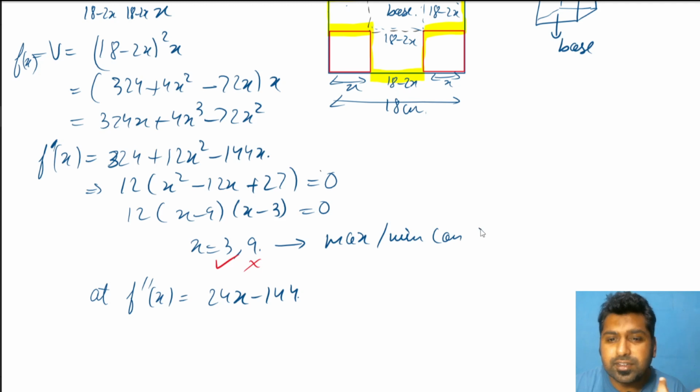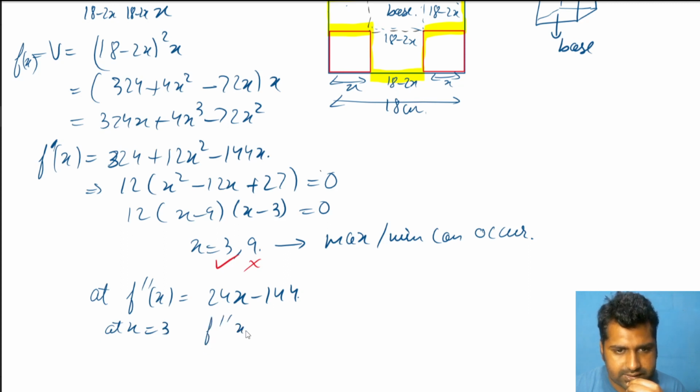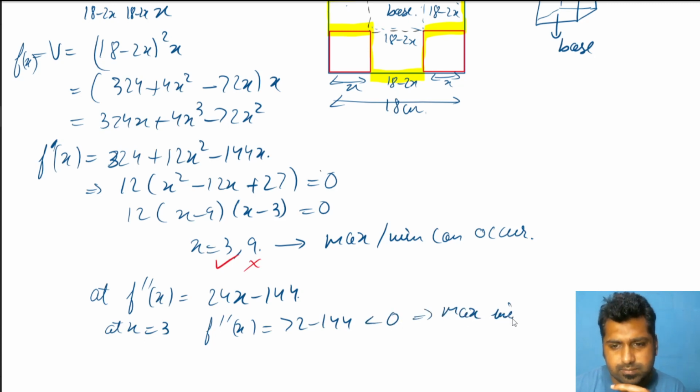So I think 9 is a condition for minima, that's why it is coming 0. If we are doing just mathematics, we don't know at which value which will occur. So let's see, at x equal to 3, f double dash x is 72 minus 144. That is less than 0. So maxima, we already knew that.